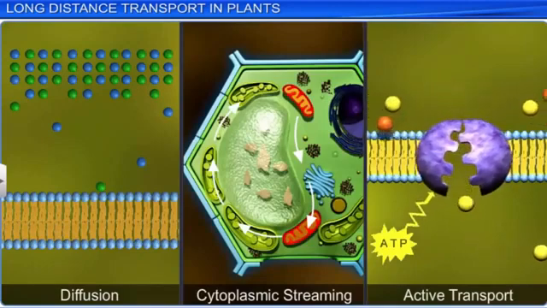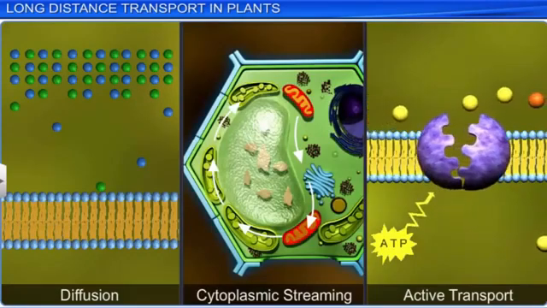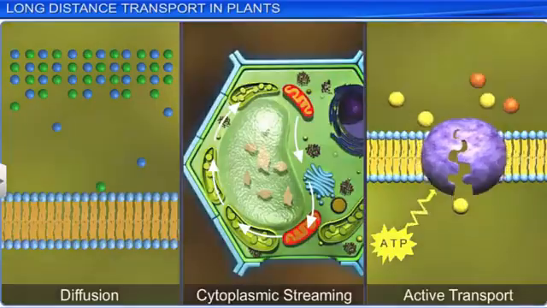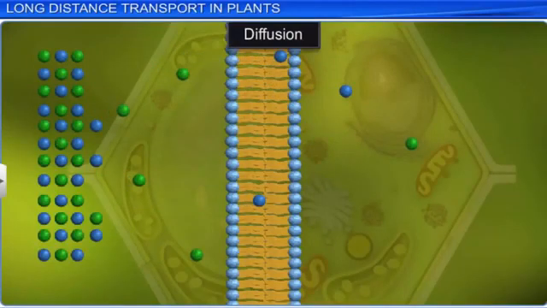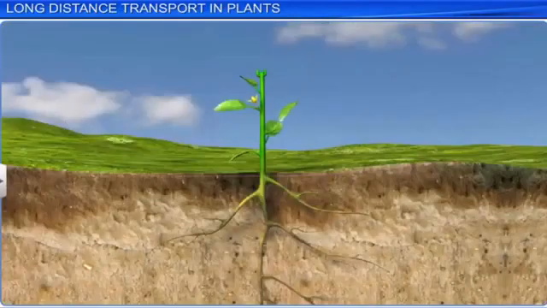They can only account for short-distance movements in plants. Moreover, diffusion is a painfully slow process which might take years to transport substances over a distance of 1 meter in plant. Therefore, a special long-distance transport system called a mass or bulk flow system exists in plants to transport water, minerals and food.